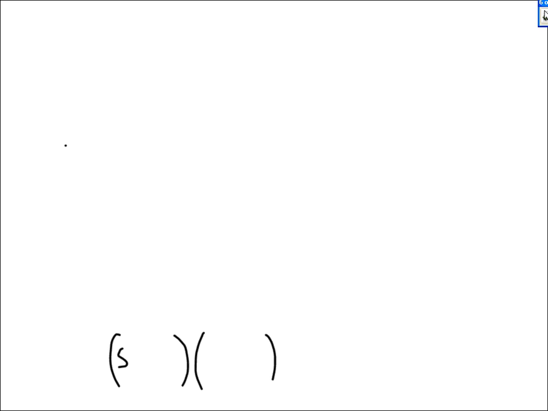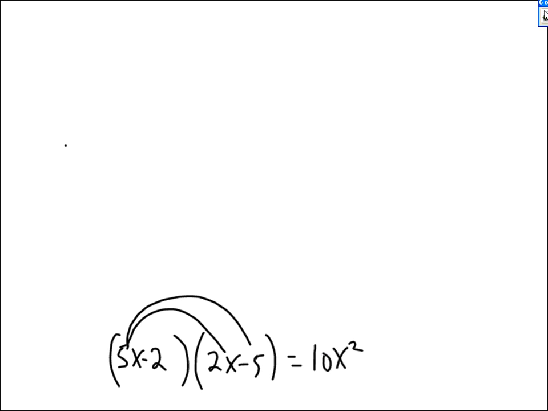Okay, well, what if you have 5x minus 2 times, I don't know, 2x minus 5? You get 10x squared minus 25x minus 4 more x's, that's minus 29x's plus 10.